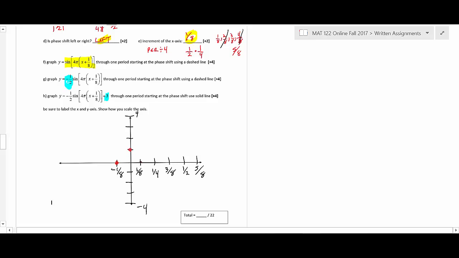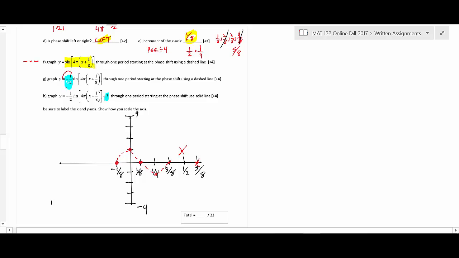Then start cycling through your key points on the sine wave. Okay, and all you got to do is go through a period. So this part right here is not really going to be necessary. Okay, so this is going to be my first graph, like that. And that's the basic sine wave that starts here gets moved over.